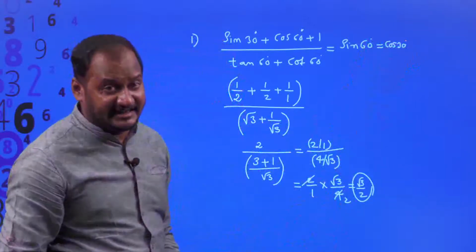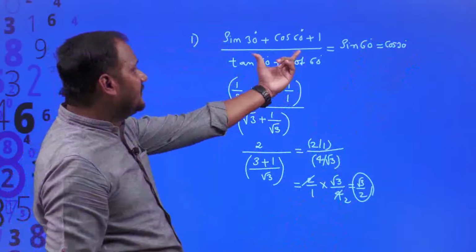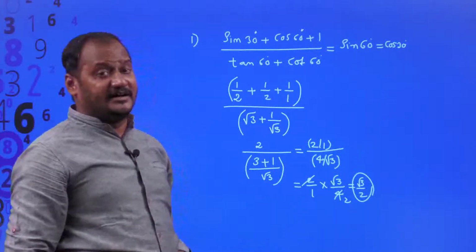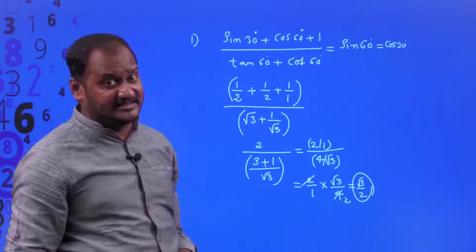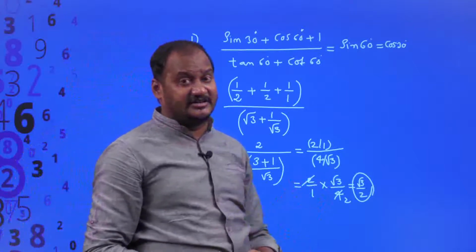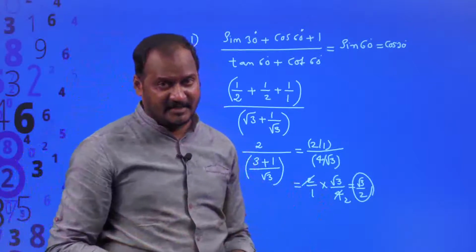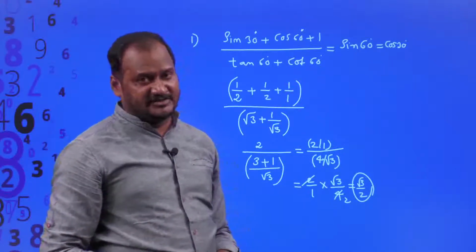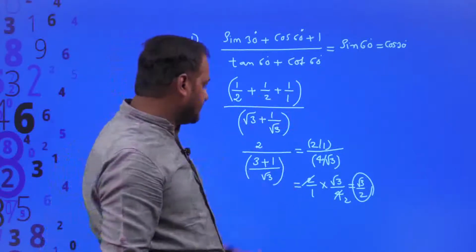Sometimes in multiple choice questions you will be asked the result in terms of trigonometric ratios only, not in terms of the original numbers. Then you can easily figure out the value of the trigonometric ratio, right. So this is one of the examples.